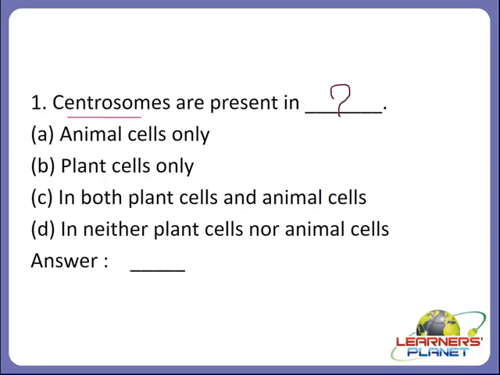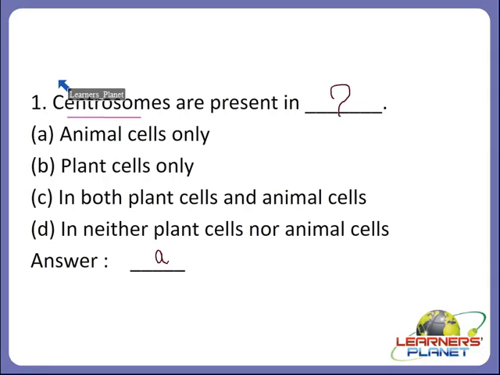So in this case, the correct answer is option A. What is option A? Animal cells only, plant cells only, both plant cells and animal cells, or neither plant cells nor animal cells. So the correct answer here is option A. That is animal cells.